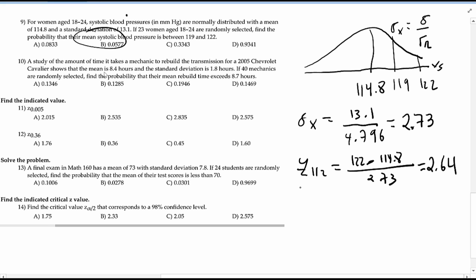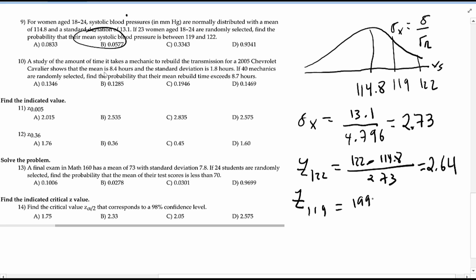I need two decimals. This is the z-score at 122.